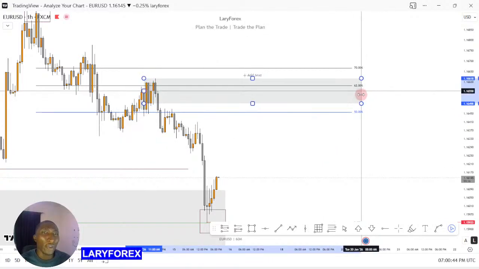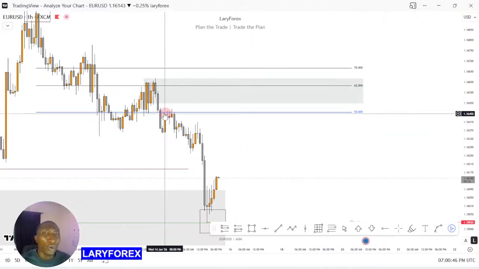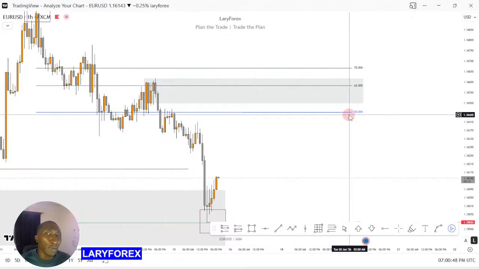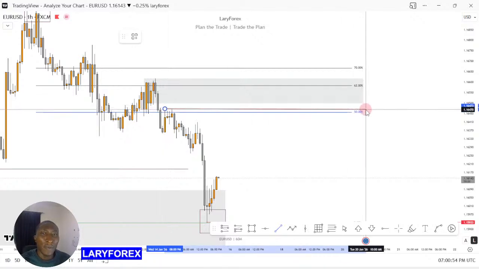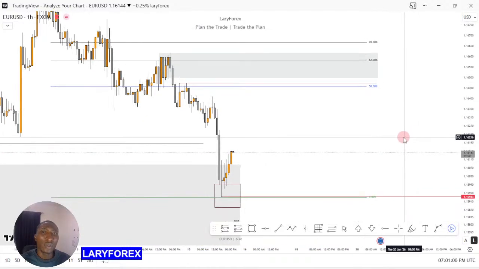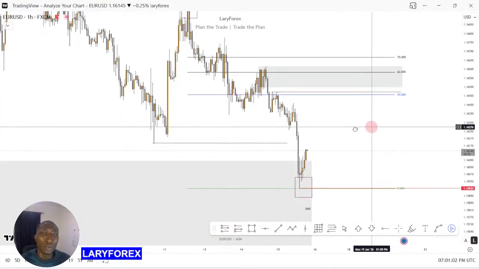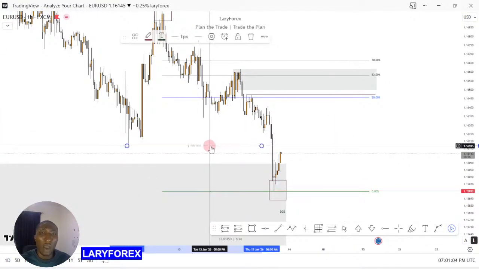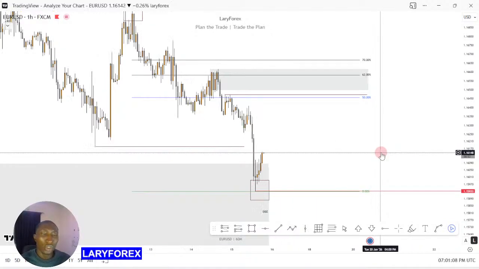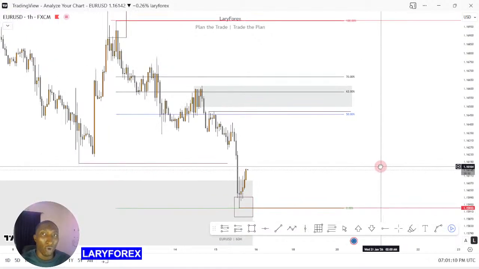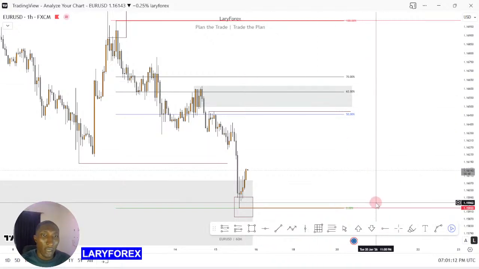Now this is our point of interest. Note how our point of interest is above the 50% equilibrium level. And again we have liquidity at the 50% equilibrium level. Are you guys following? So that's where we'll be looking to sell from when price comes there.